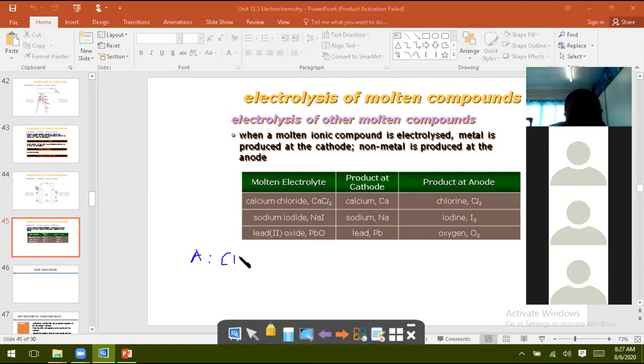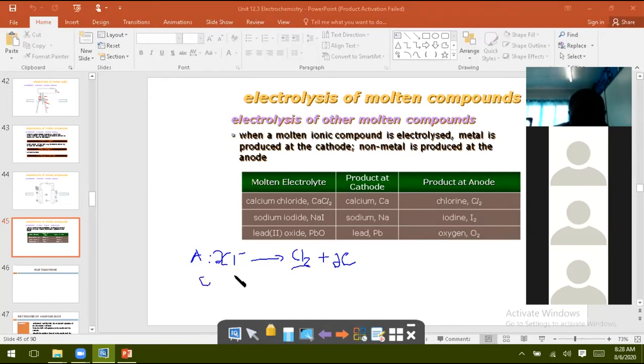So Cl- is at the anode, it will lose the electron and it will form Cl plus electron. But we have to balance this because chlorine exists as a gas, Cl2, and then the half equation becomes this. All right. So this is the half equation, but the product is actually the chlorine gas.